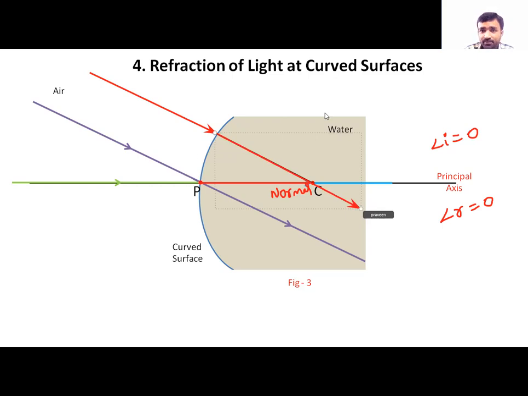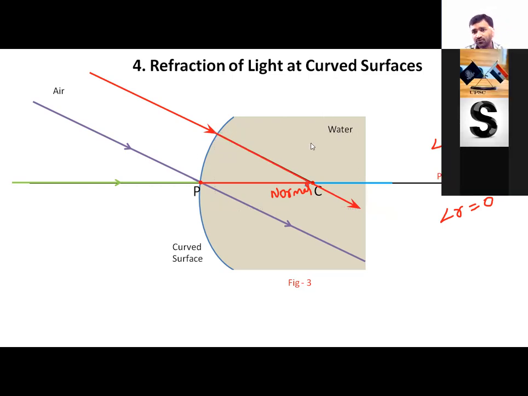Is it clear, everyone? If there is any confusion. So I got 3 rays which remain undeviated. Can you name them? Totally 3 rays are there which remain undeviated.